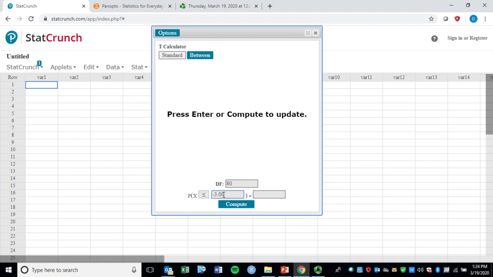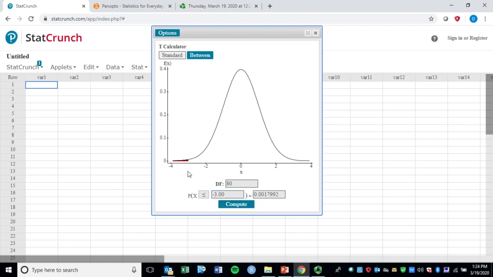But I would put 2 decimal places here at least, so that your p-value that comes out will be what WebAssign is expecting. So when we hit enter, notice it goes ahead and gives us a picture there. Kind of looks like mine, and I would just round it to 4 decimal places. And so what do we got here? We got 0.0018. It looks like 0.0018.